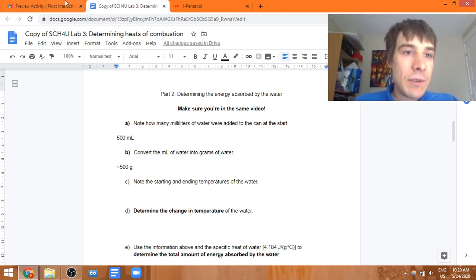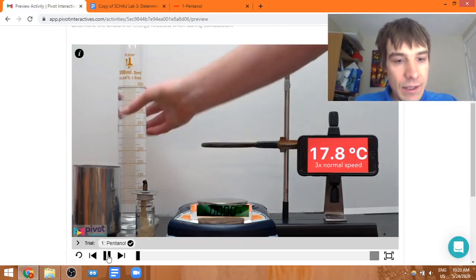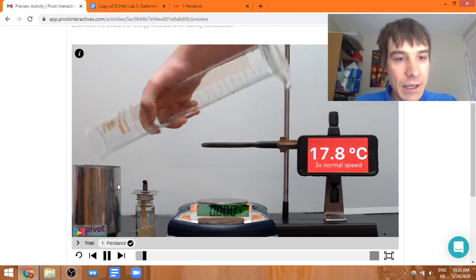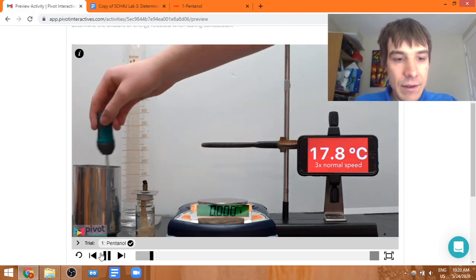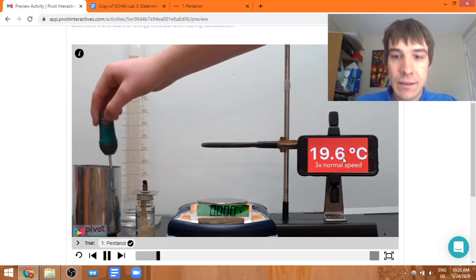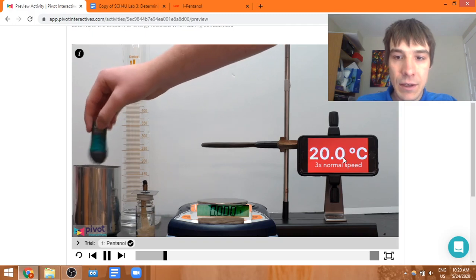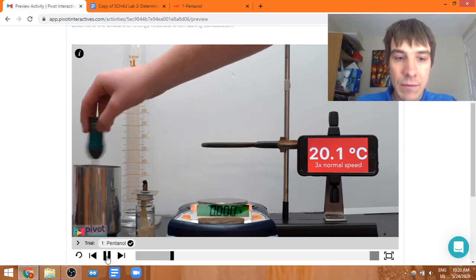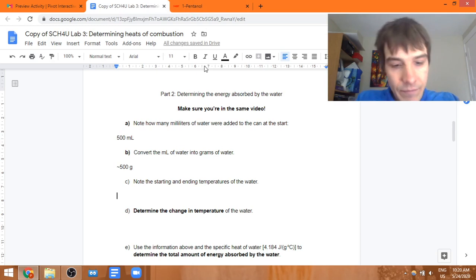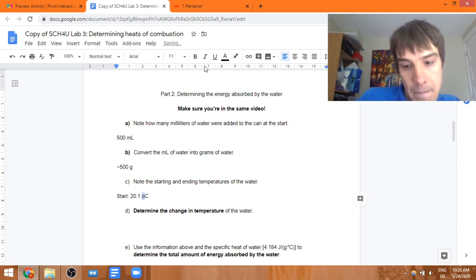Starting and ending temperatures of the water. So they're going to put the water in the can. They're going to stir it around a little bit. We're going to wait till this settles out to a specific temperature. 20.1 degrees Celsius.